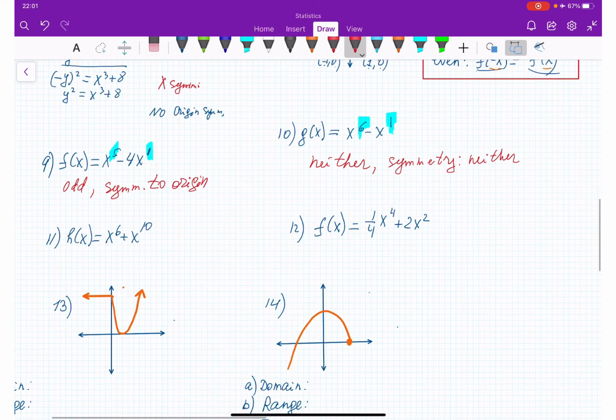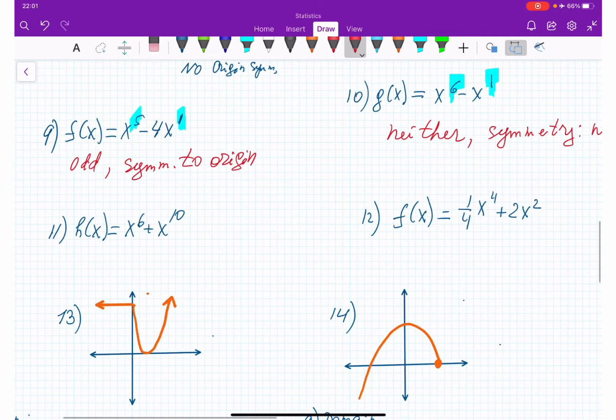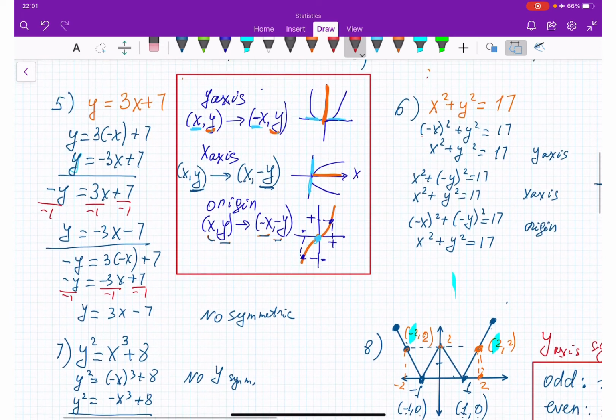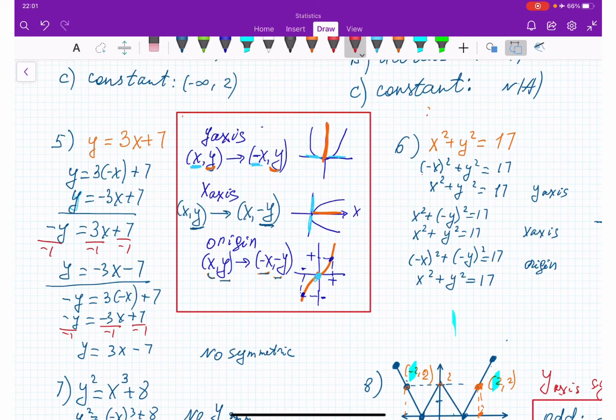Question number 11. Now you tell me, we have degree 6 and we have degree 10. Of course it is even. If it's even, what axis is going to be symmetric? It's going to be symmetric to the y-axis, even graph.